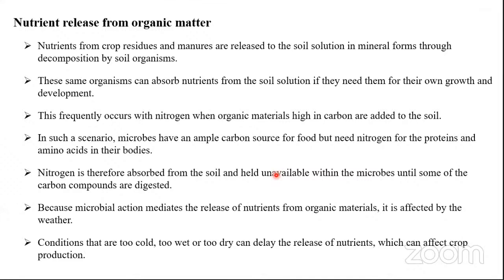To break down that sawdust, these microorganisms also need some energy and nitrogen for their protein buildup, for their body buildup, for their amino acids, for their day-to-day activity. So to decompose that organic matter, they will use the native nitrogen, whatever nitrogen is present in the soil. They will take it and use it for their body buildup, and then start decomposing that material.